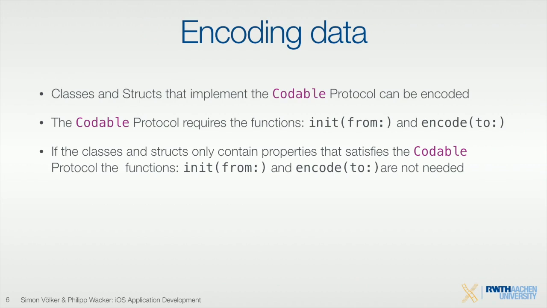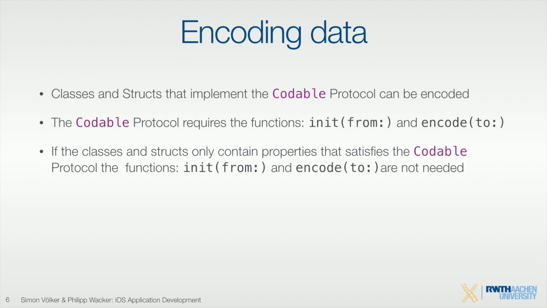So every time you want to store data for a class or structure, to be able to store it, you need to implement the Codable protocol. And this is basically a simple protocol which has these 2 functions: the init, so basically when you load from an encoded data set, and when you want to encode it. So you have some kind of conversion functions, load and save.